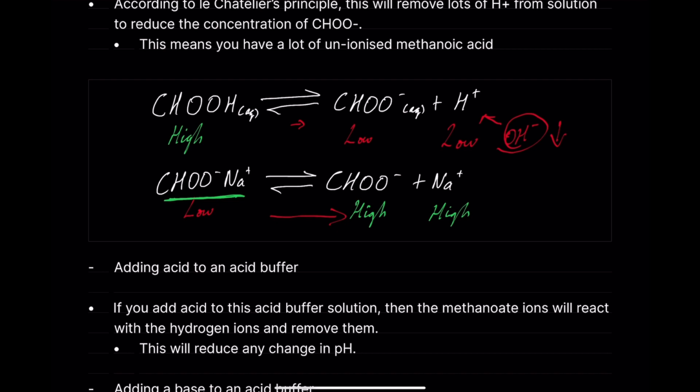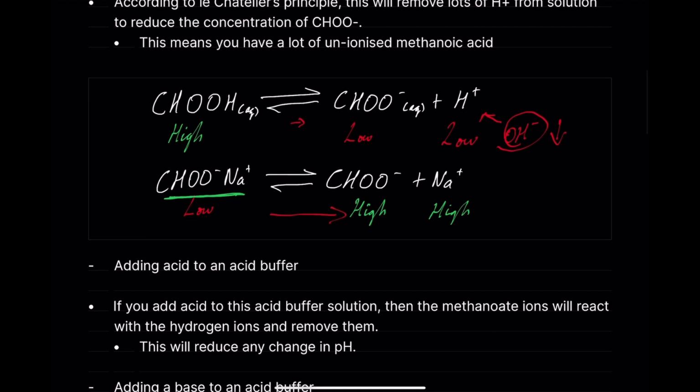Now the concentration of H plus in solution is already low, but if we decrease it even further, the equilibrium shifts even further to the right to produce more H plus in our solution.